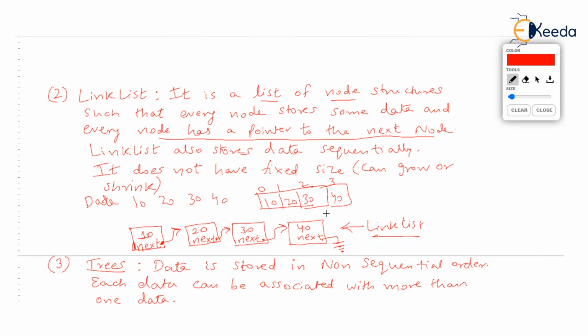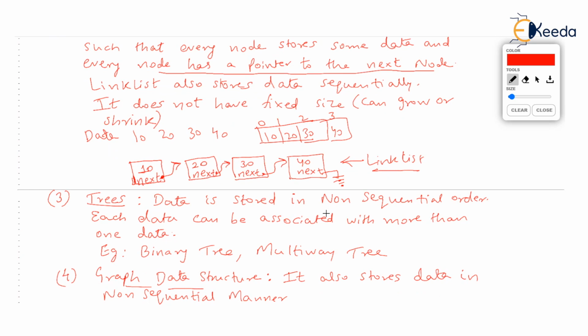Now the next data structure is called trees. Data in a tree is stored in a non-sequential manner. That means each data can be associated with more than one data. Now what do I mean by this? To understand this, just check the linked list drawn above.